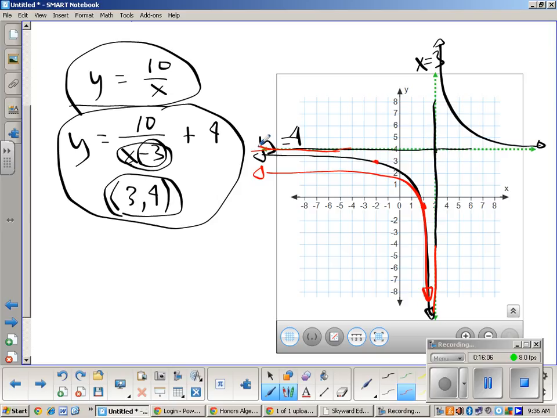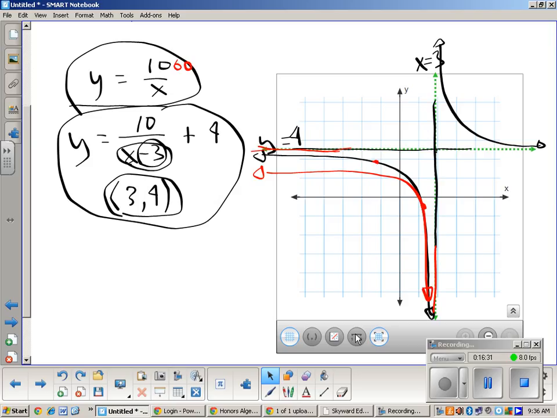But what if we have a graph like 1,000 over x or something? Do you want us to draw it in a scale that would make it look right? That's a great question. He says, what if I had 1,000 over x? Obviously we're not going to plot the point (1, 1,000), right? So it would be good to change your scale to something else.